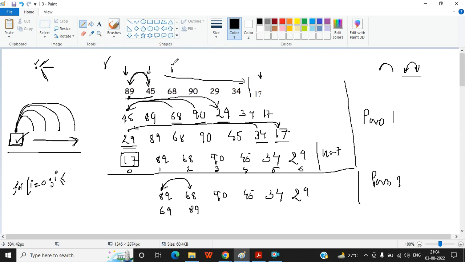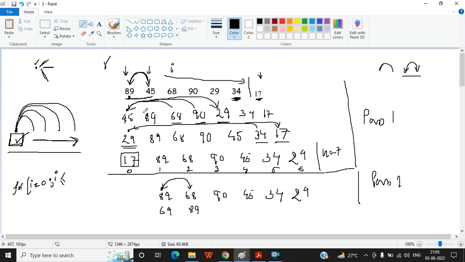Because for the last element, you are selecting this place and comparing it with this one. So if you select the place for the element less than this, then automatically this place will be filled up with the rest element. So i should move up to this one.